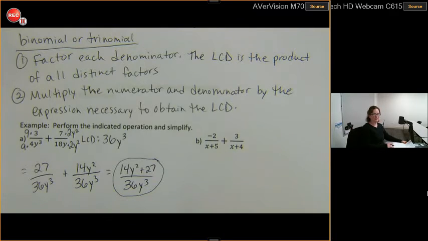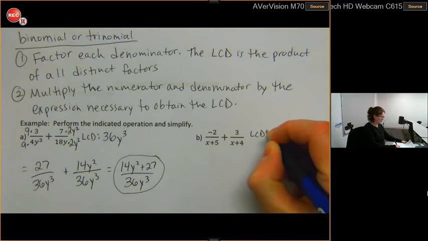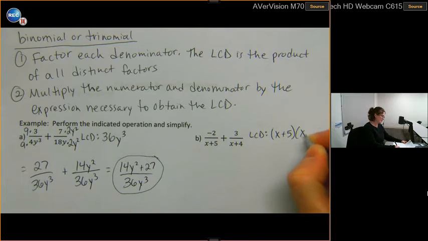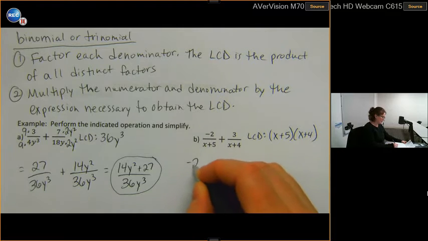On part B, I don't have any factoring to do. My LCD is going to be the product of the distinct denominators, which is x plus 5 times x plus 4. So the different denominators multiplied together is my LCD.